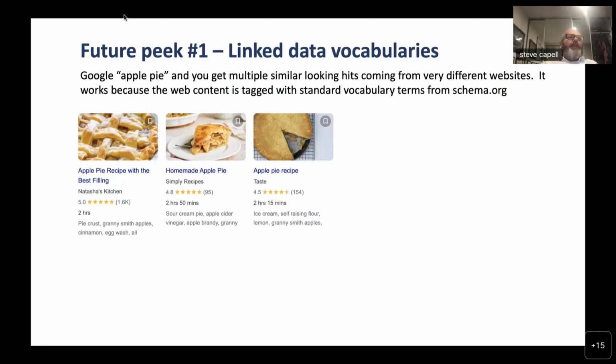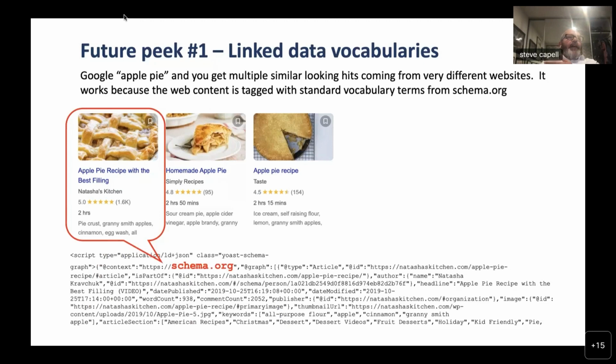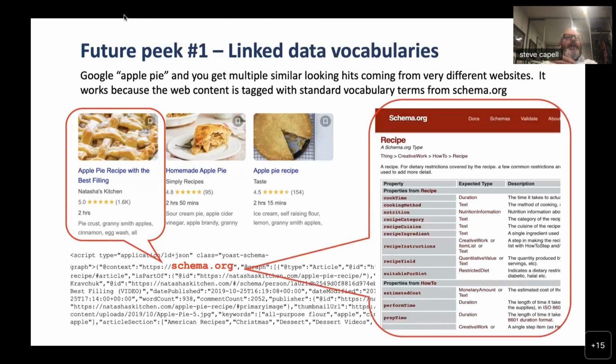So how did Google make 3 very consistent looking panels with nicely organized information, despite the dramatic variation in the source data? The answer is linked data vocabularies. There is a quite well-established vocabulary called schema.org. It's not a UN/CEFACT product. It talks mostly about organizations and parties and apple pies and the like, so not so much cross-border trade.